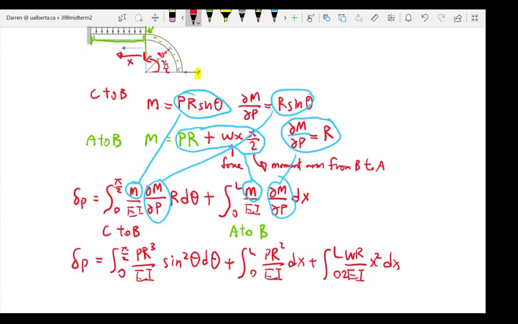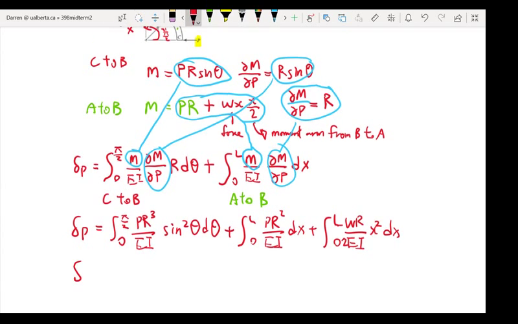Okay, that's it. And then when you solve the integration, you should get something like this.